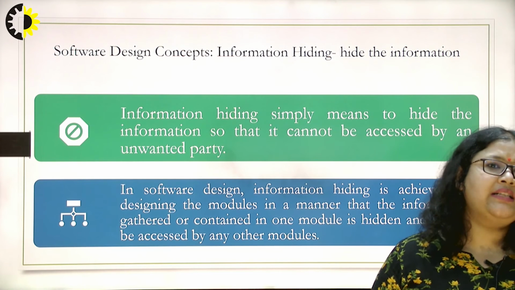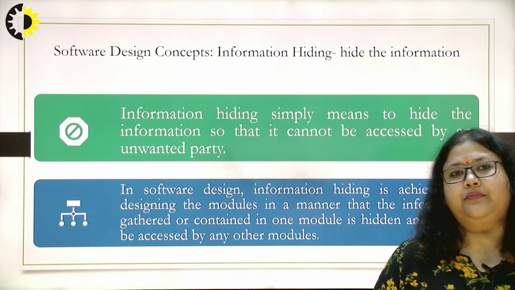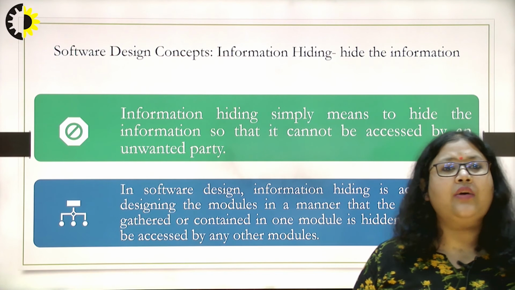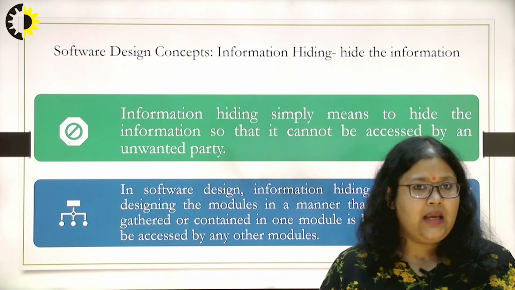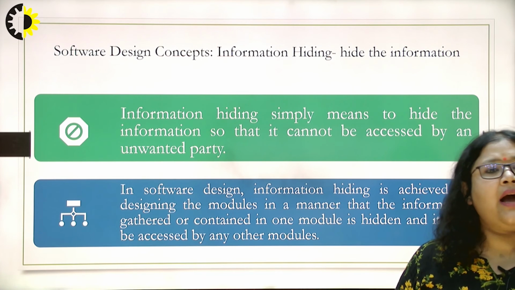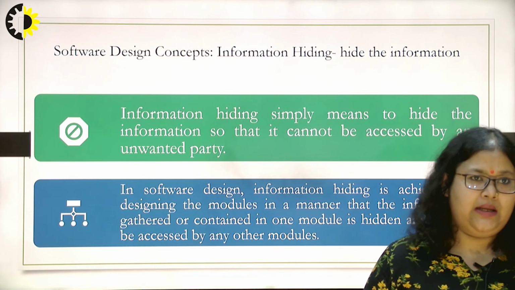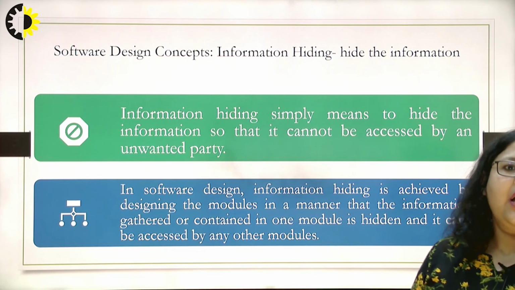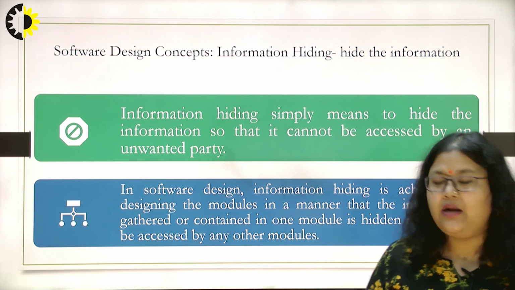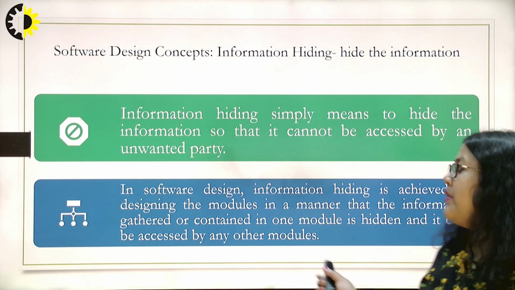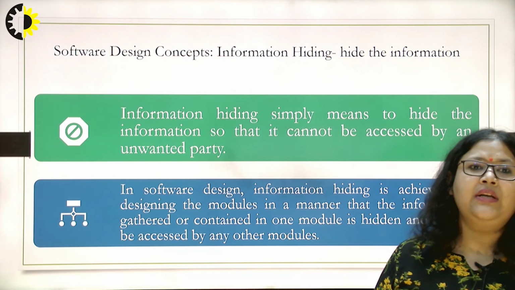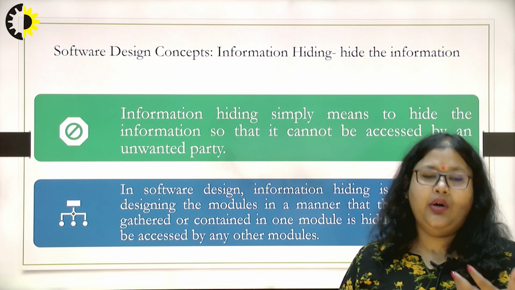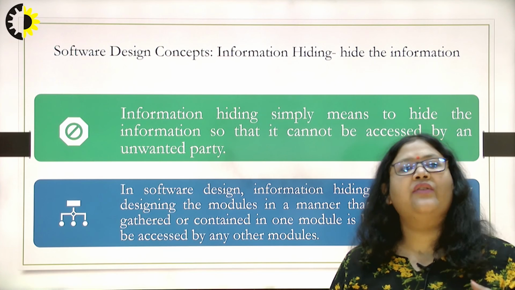Sometimes we have to hide something so that no one can access the software easily, that person named as the unwanted party or the third party. So, in software design, information hiding is achieved by designing the modules in a manner that the information contained in a module is hidden and cannot be accessed by any other modules. So, this is the basic motive of information hiding.